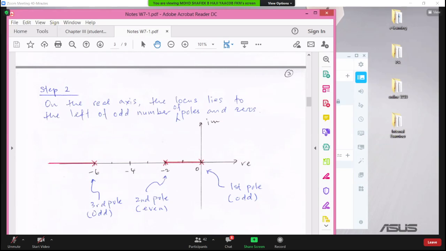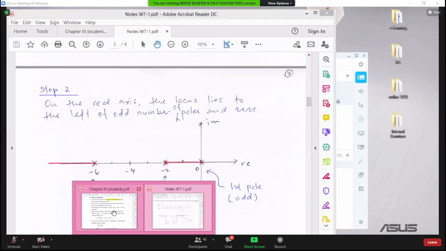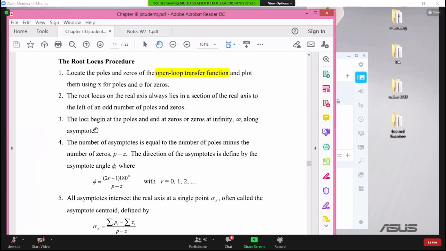Now, what is step 3? Step 3 is the loci begin at the poles and end at the zeros. So it's going to start at the pole and finish at the zeros. Since we don't have any zeros, all of our 3 loci, see the plural of locus is loci, I don't know, probably loci.